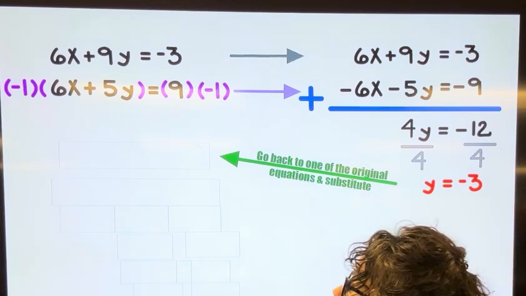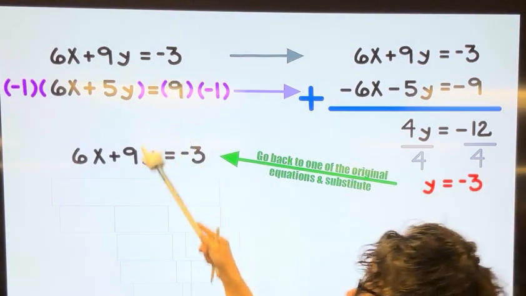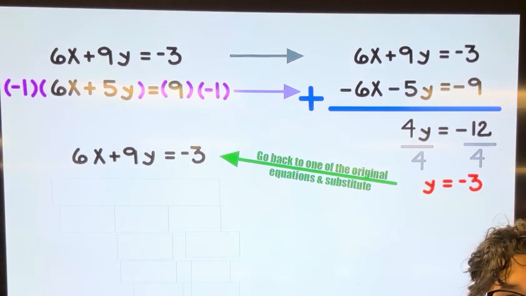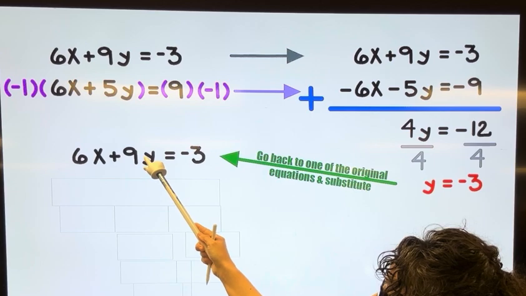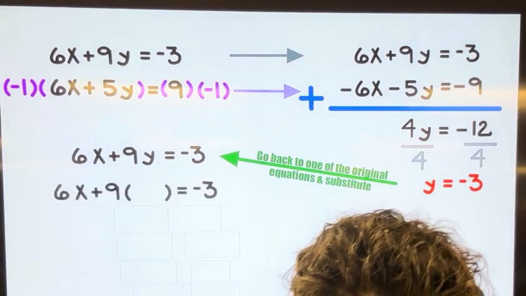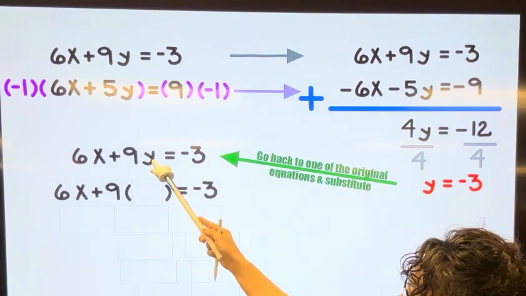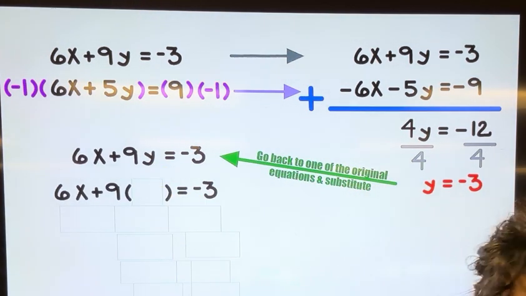For no particular reason, I just grabbed the top one. Okay, but it doesn't matter which one you plug it back into. So I'm going to replace this y right there with -3. So I've made some space, that y, put a set of parentheses. Now let's insert -3.